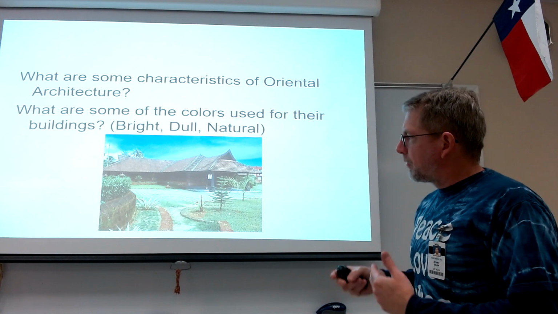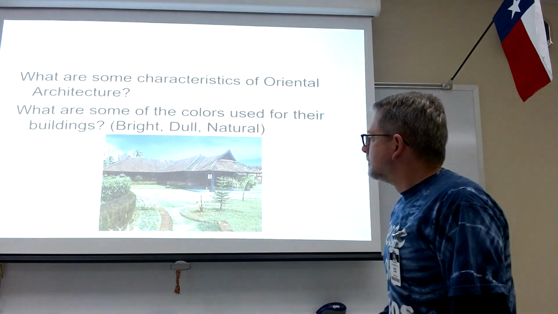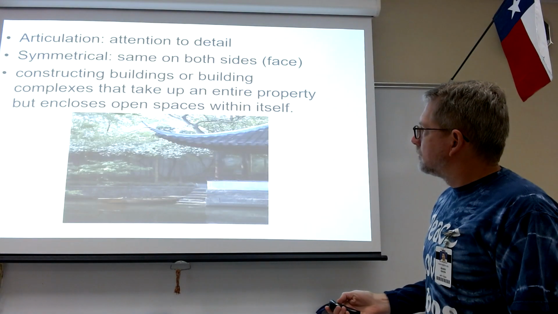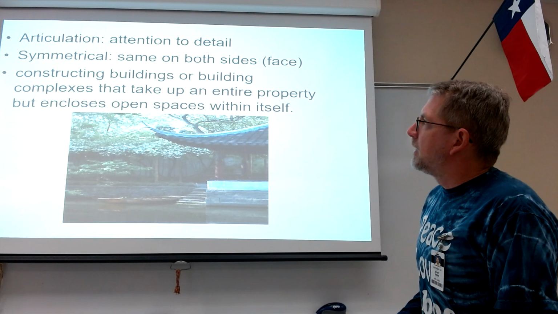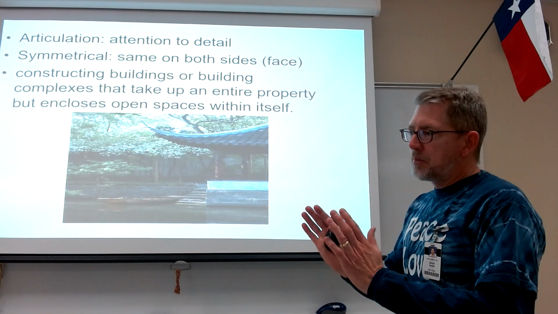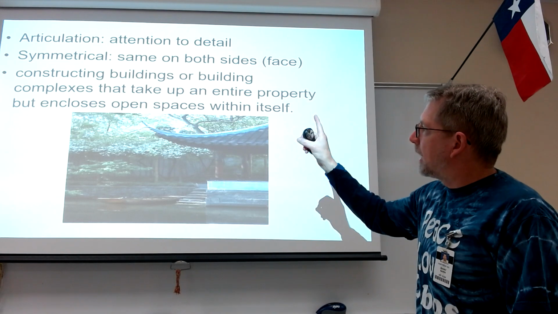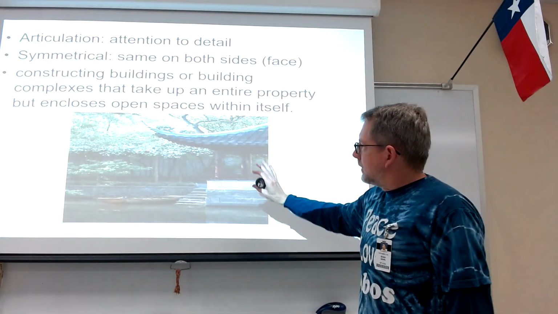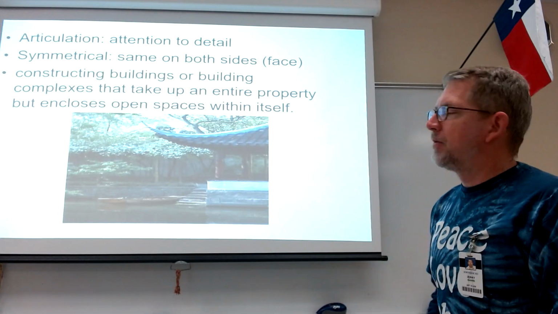A lot of their things are very precise. Their yards are very well kept. There's a lot of attention to detail, and symmetry, that means the same on both sides. And this talks about how they build the houses next to the mountains and inside and around the trees.